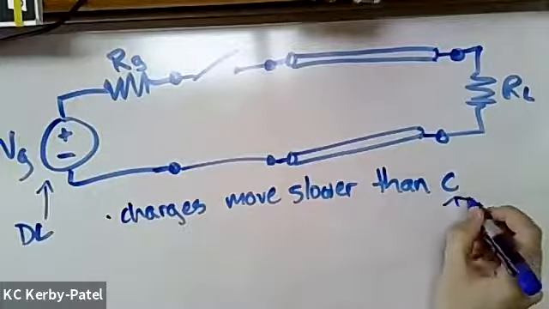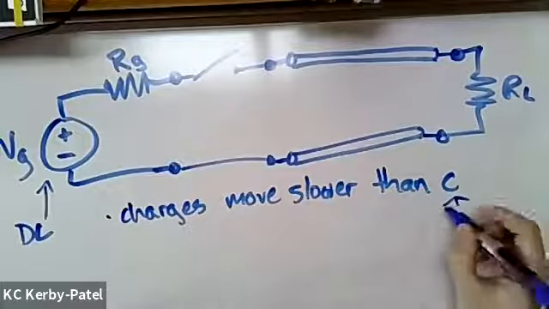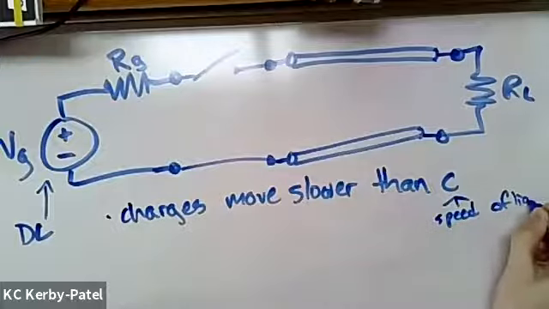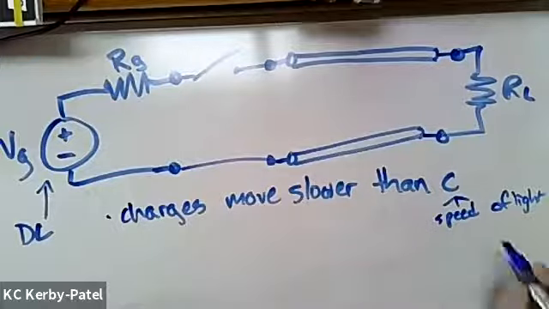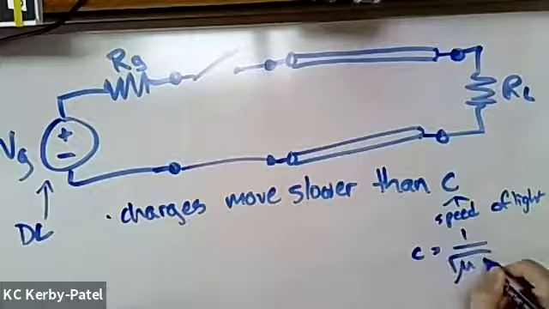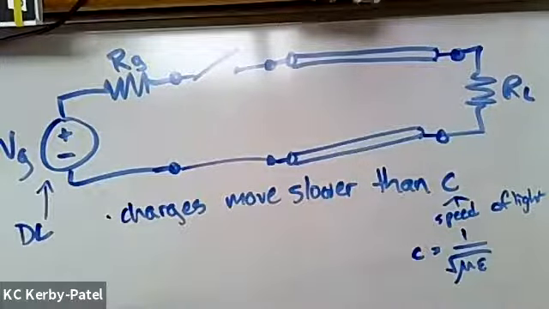In case you don't remember from last time, c is the speed of light. And it has a value of 1 over square root of mu epsilon, for reasons that we figured out last time, that have to do with the wave equation.